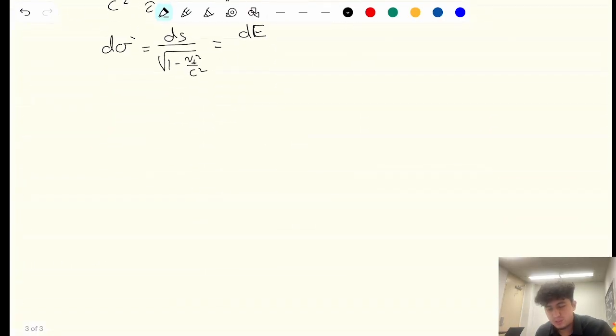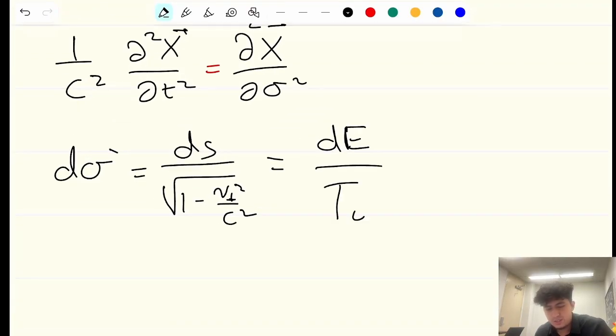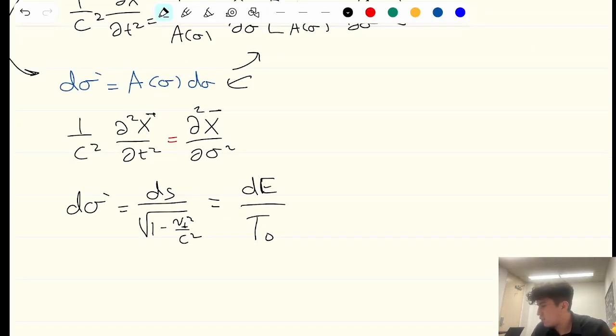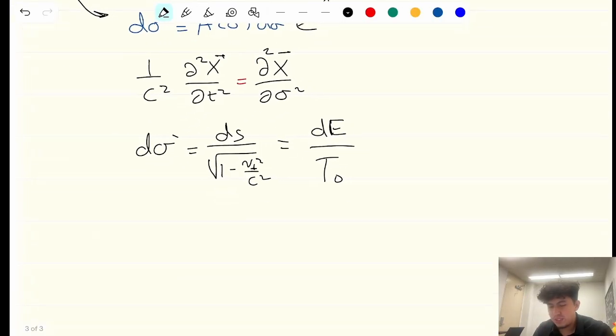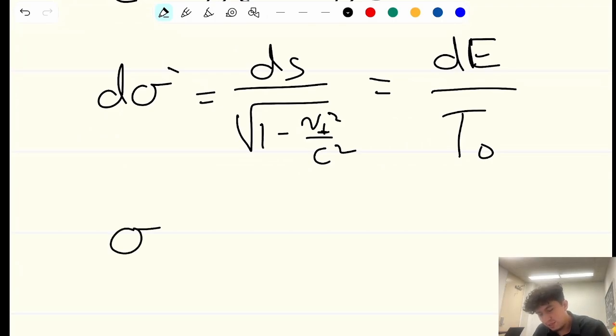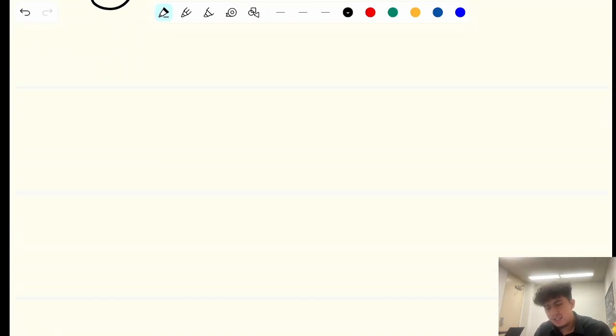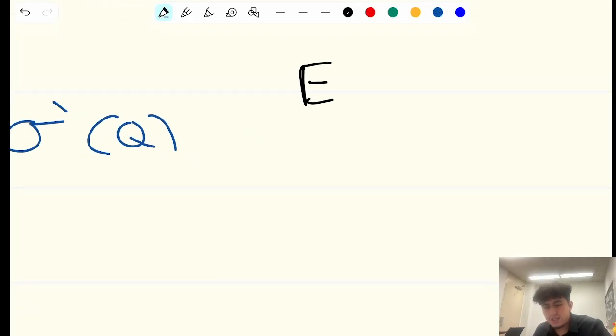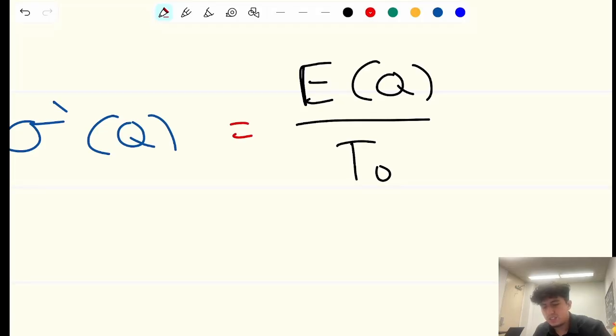Yeah, but it was missing the T naught, the tension. Cool. So basically how we're going to parameterize everything is using this sigma prime parameterization. And if we want to define it more formally, for every point, the sigma prime coordinate is going to be equal to the energy divided by the tension.